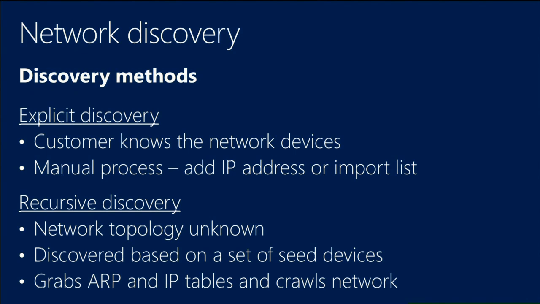But what we'll do is we'll go into the ARP and IP table of that seed device, get a list of devices we're communicating with, reach out to the other devices with the SNMP read strings that you actually provided, see if we can contact them, if we can read those ARP and IP tables, and so in that way traverse through the network. This doesn't use things like the Cisco Discovery Protocol or other vendor discovery protocols. We just look at the ARP IP table, we get that list, we try and reach them through your network, and then add the devices and go forth.